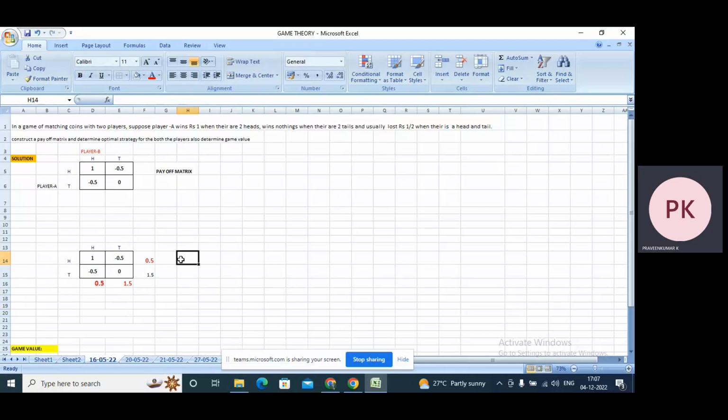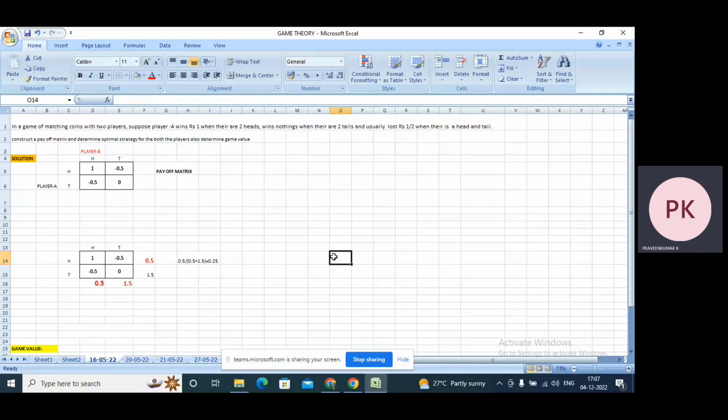The strategy for this player is 0.5 divided by the sum of 0.5 plus 1.5. That gives the optimum strategy for this player. So we get 0.5 divided by 2, which is 0.25.